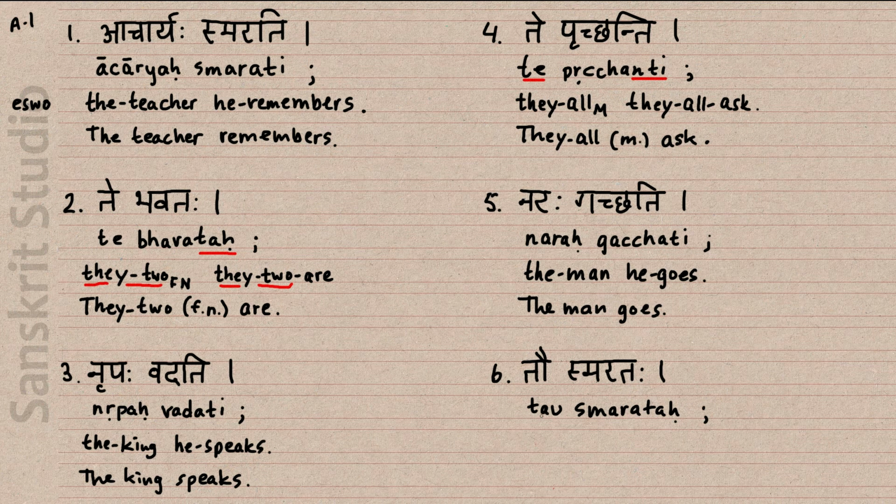Here in this sentence, the pronoun tau is relatively not as frequent. There's no discrepancy or any possibility of mixing it up with, for instance, feminine.